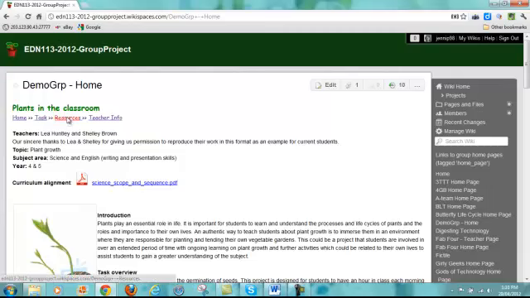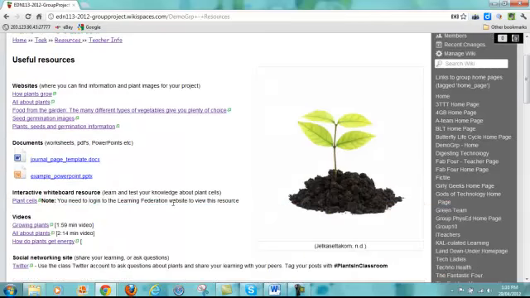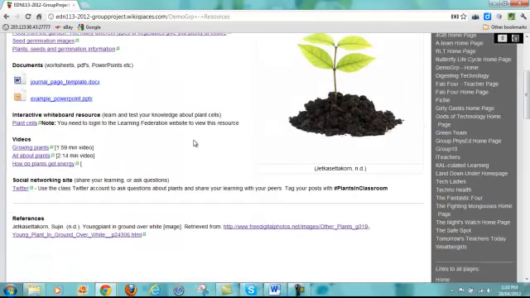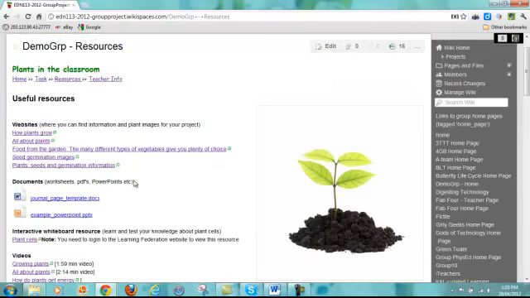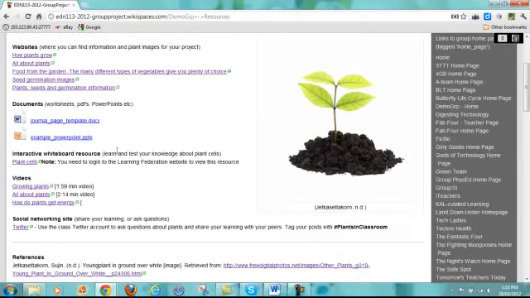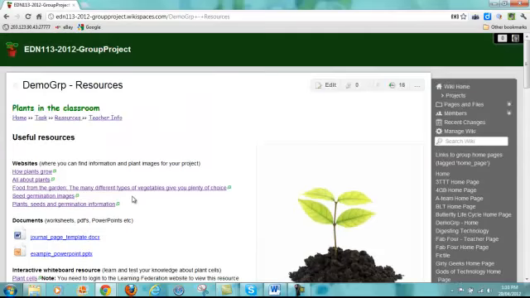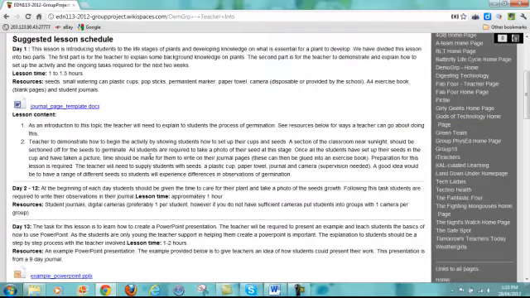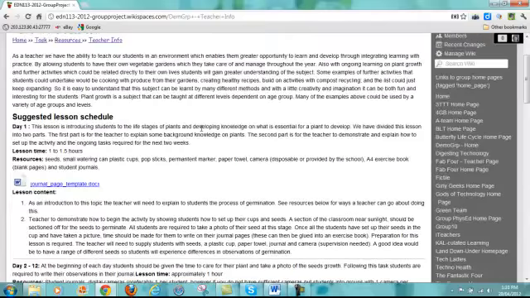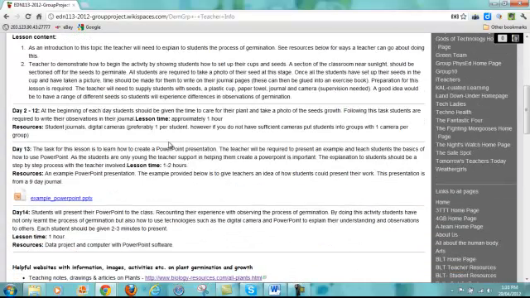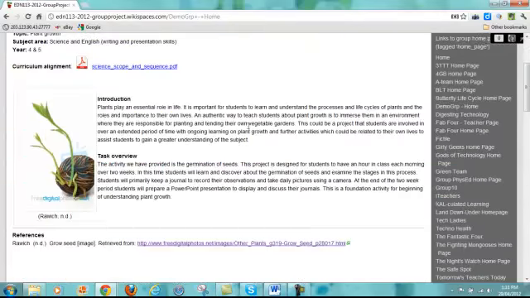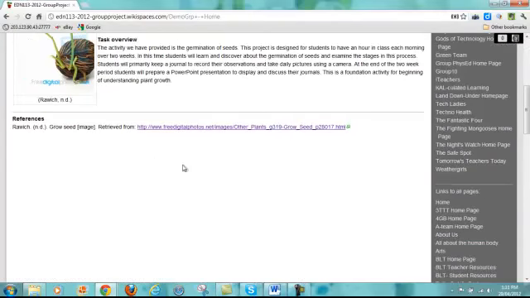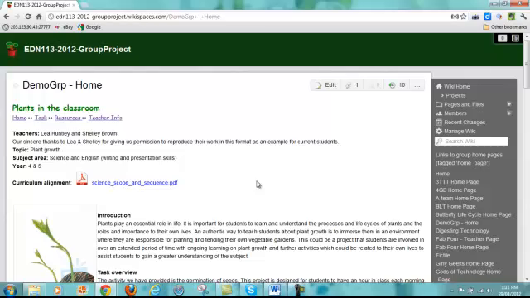They then split up the resources, and each of them took half of the resources each, so one focused on websites and documents and the other focused on the interactive whiteboard, the videos and the social networking site. They worked together on the schedule, on how they would present the task, and ideas for the PowerPoint presentation. And then they both proofread it and checked that all the references were in order on each of the pages.